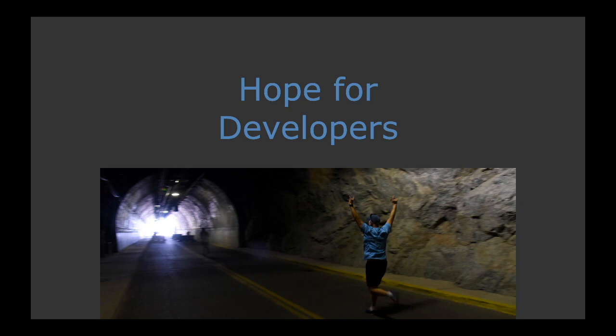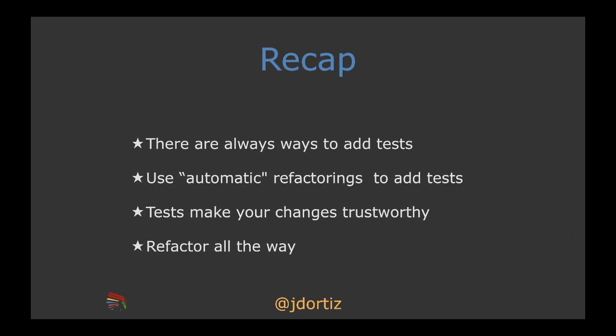Even though originally the code was coupled, you have the ability to add tests by using this automatic refactoring, extracting the method, and you can now change and evolve your code, being able to trust that what you do doesn't affect the previously existing code. And from there on, you can refactor all the way. You can not only refactor your code, but also your tests.